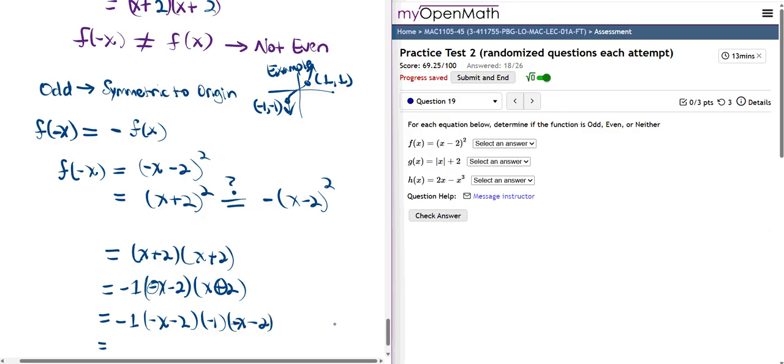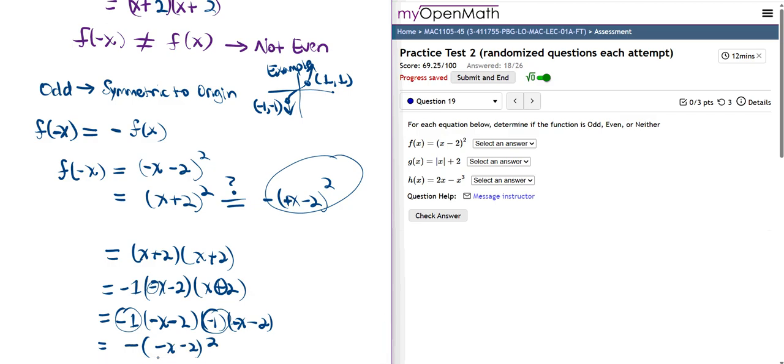I would have two -1 factors, so the -1 times -1 would become a +1, and then I would have two matching binomials, so it would be basically just that quantity squared. So notice that the closest I can come to making it look like this result is negative x minus 2 quantity squared, and that's just not the same because again my x variable is supposed to be positive there, right?